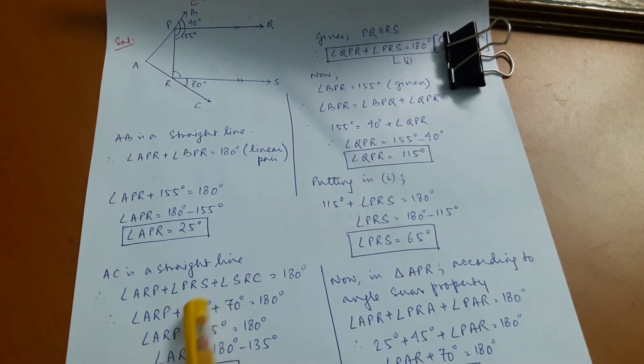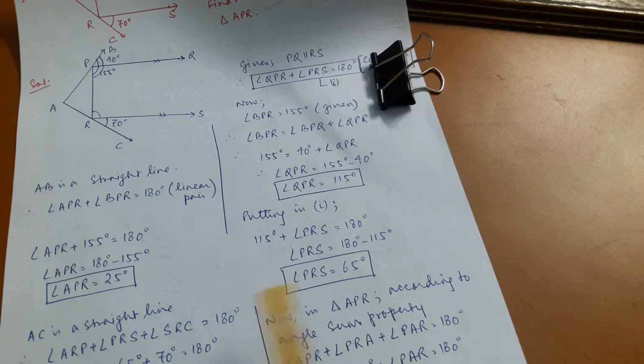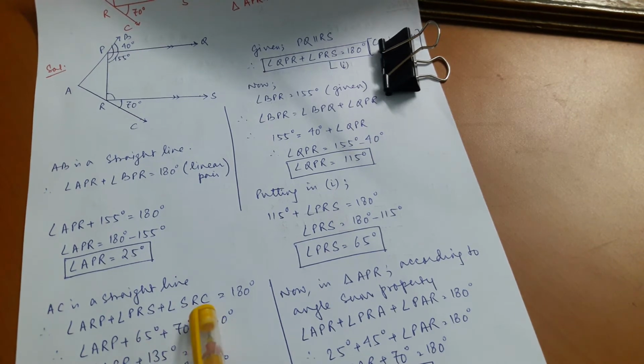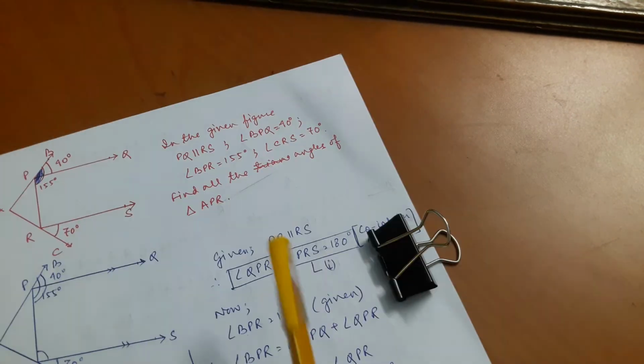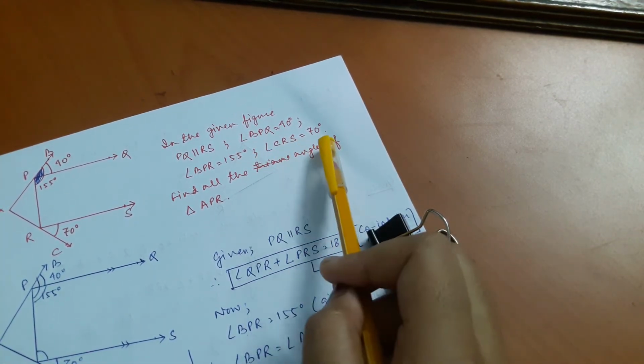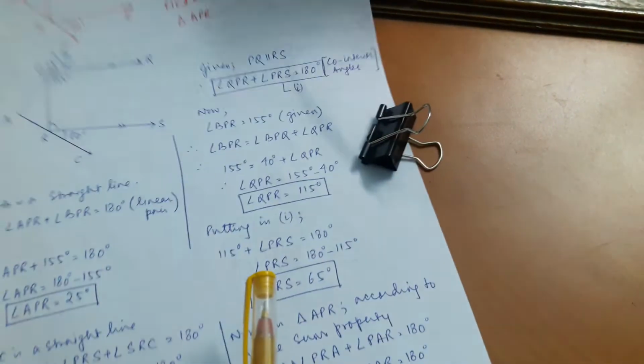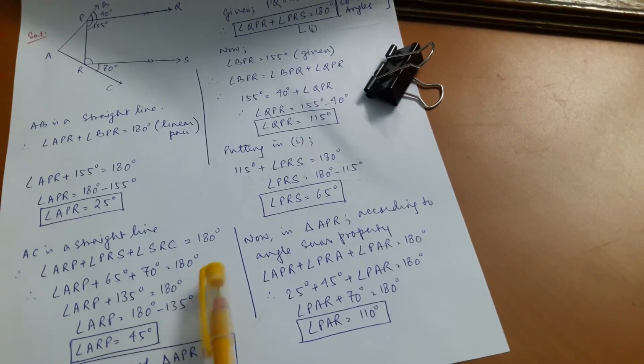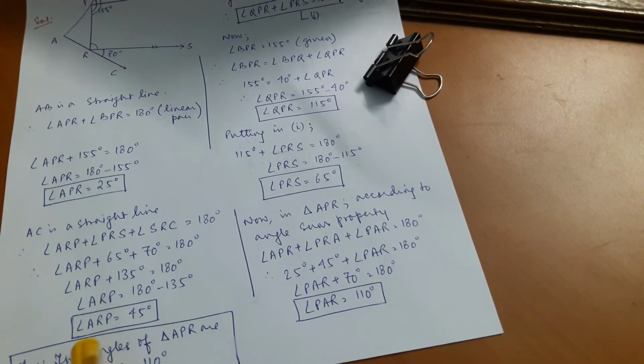Now we found the value of PRS, 65 degree, and we simply placed it. And SRC we already know, 70 degree. CRS and SRC are the same, 70 degree, it's already given in the question. So we simply placed the values here. So finally we get angle ARP equals 45 degree.